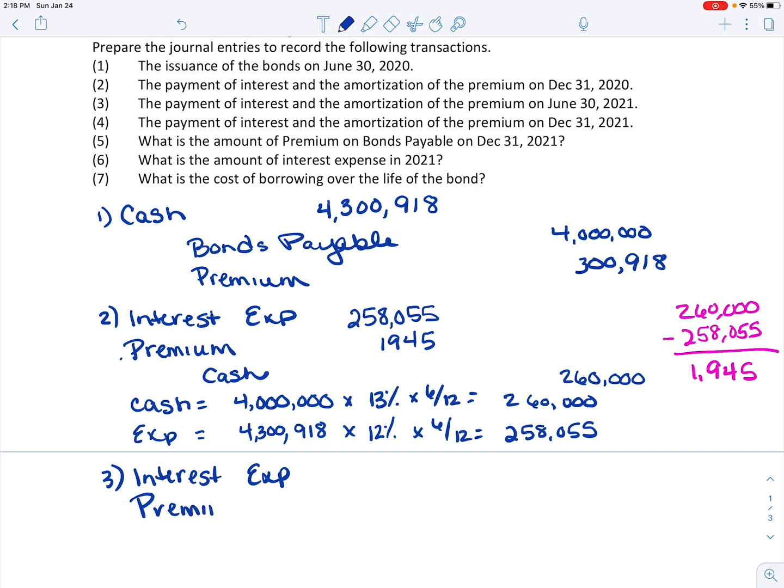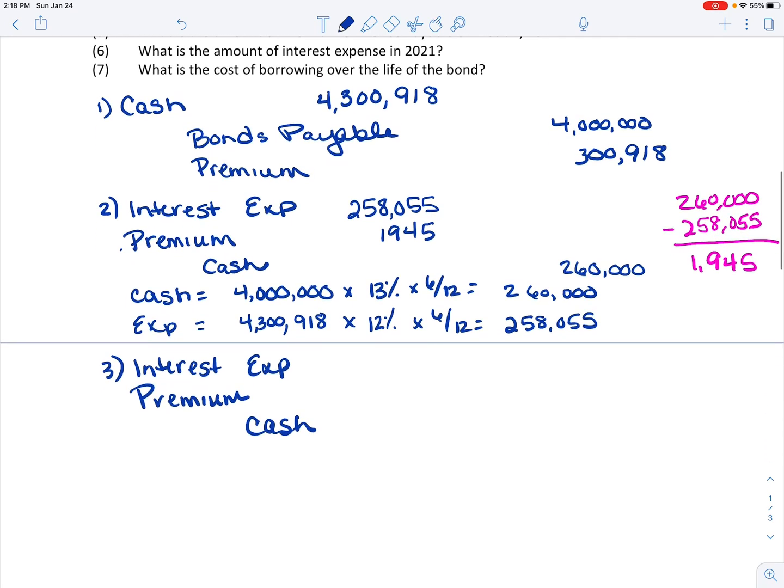Those don't change. Your cash amount does not change. That will always be the same. Every interest payment.